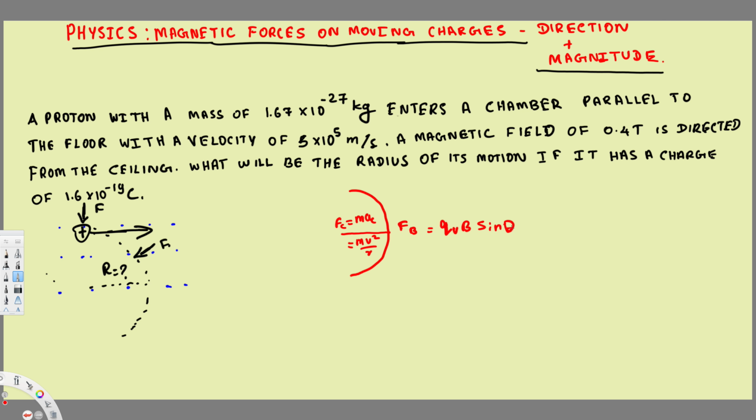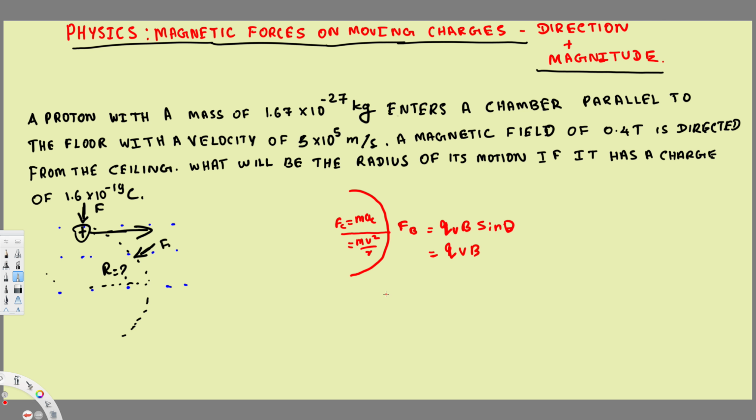Since this force is always perpendicular to the particle, theta is going to be 90 degrees, and the sine of 90 degrees is always going to be 1. So instead of sine theta, we can just write qvB. Now all we have to do is equate these two equations, and from that we can find the radius.